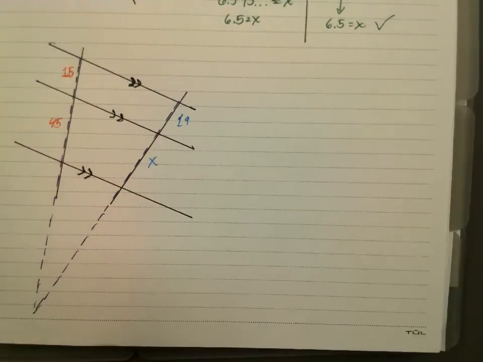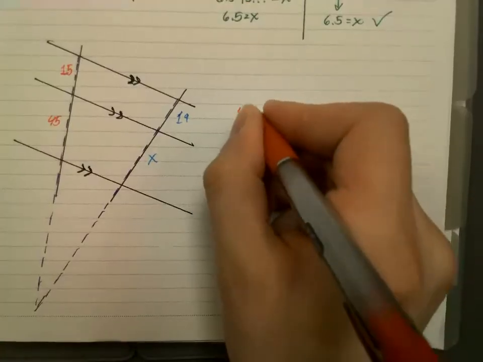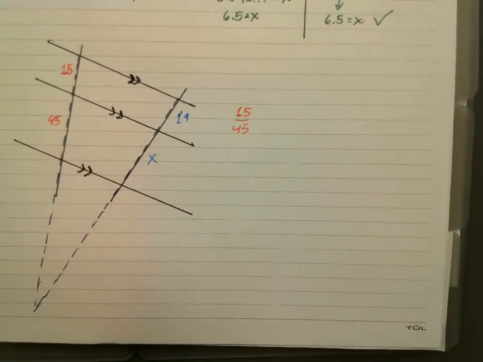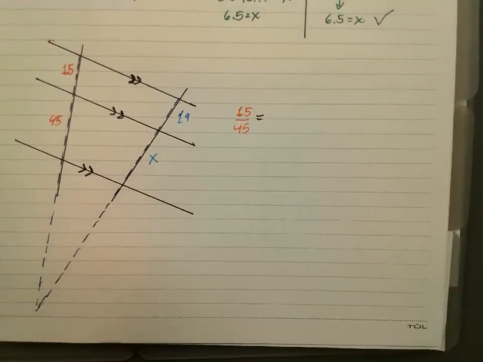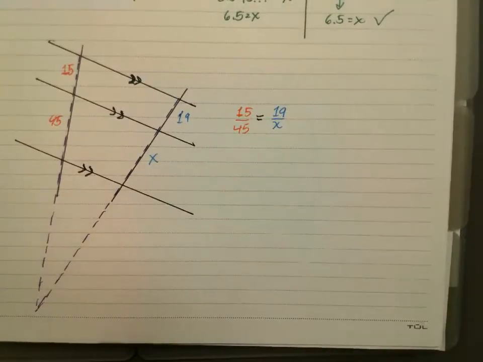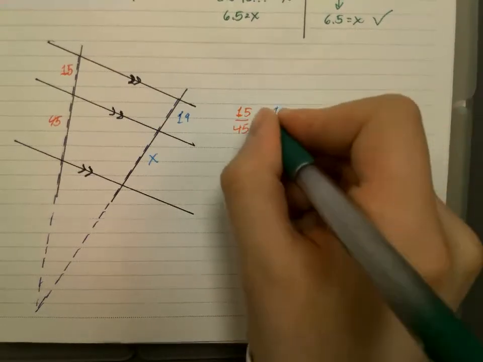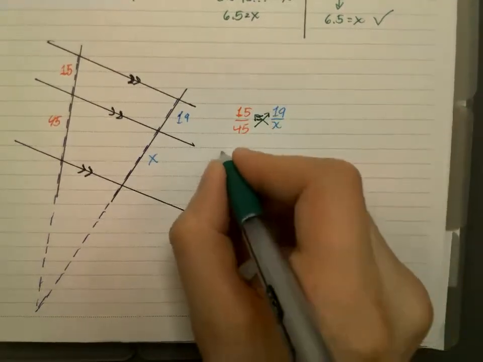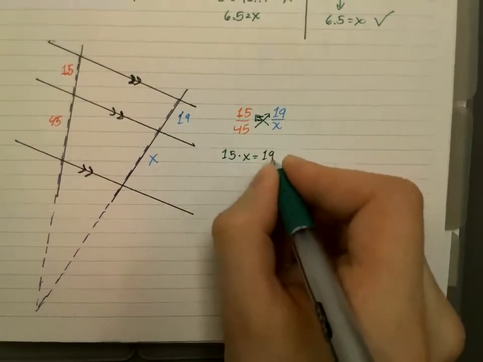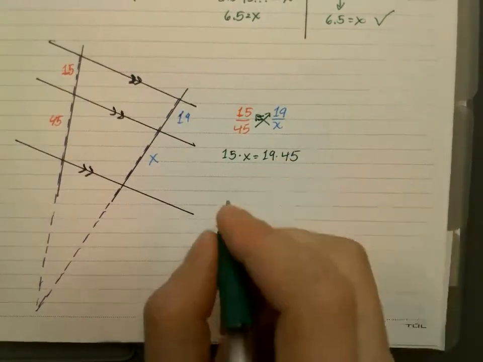So naturally, we'll set up the equation here. So 15 over 45 is equal to 19 over x. Okay. Again, cross multiply. We get 15 times x equals 19 times 45.